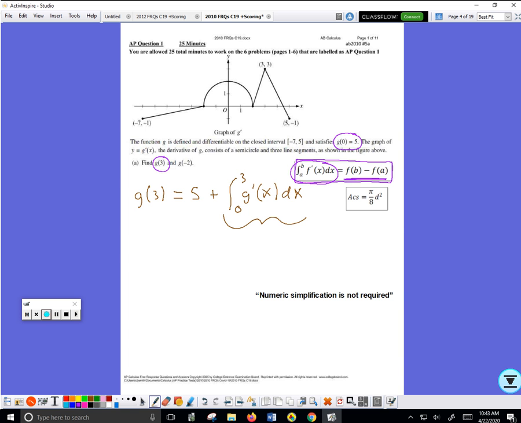Let me see if this helps you. So ignore the graph for a minute. Tell me if you feel comfortable with the fundamental theorem's basic idea alone. That if I know the value of this integral, I'll know how much g changes.